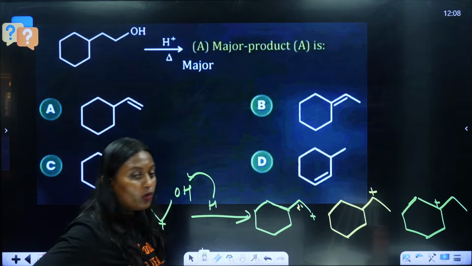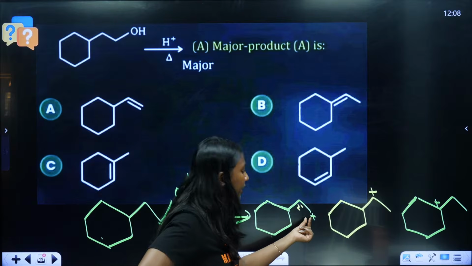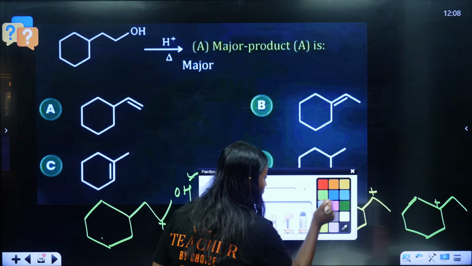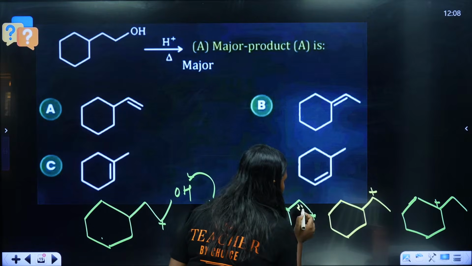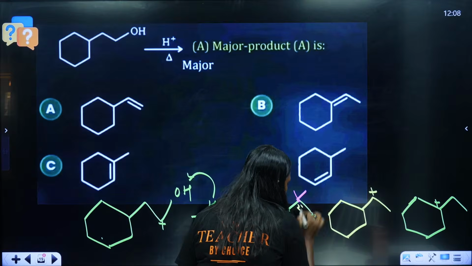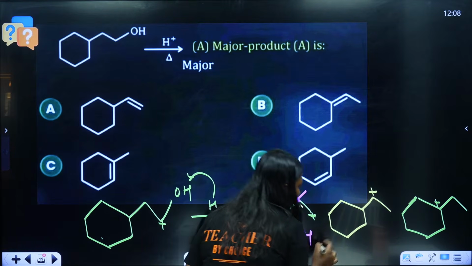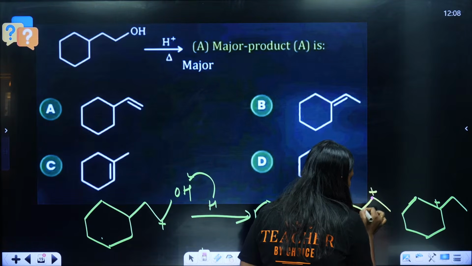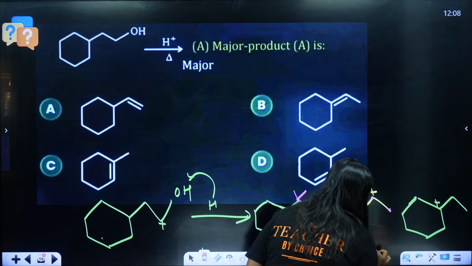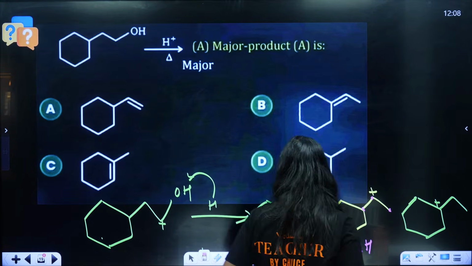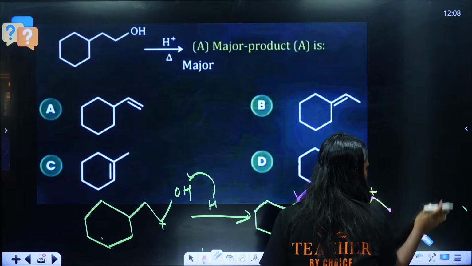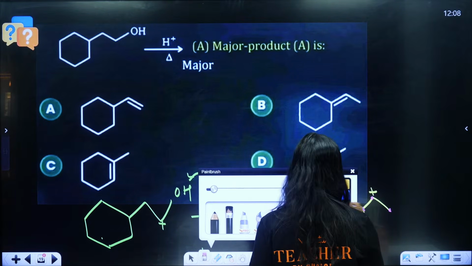Okay, so here you can say how many alpha carbons there are. I will use another color. Here you can see that this is an alpha carbon. This alpha carbon contains 2 alpha hydrogens. When you consider this one, it contains 4 alpha hydrogens. This is not tertiary, so tertiary is this. I will draw.